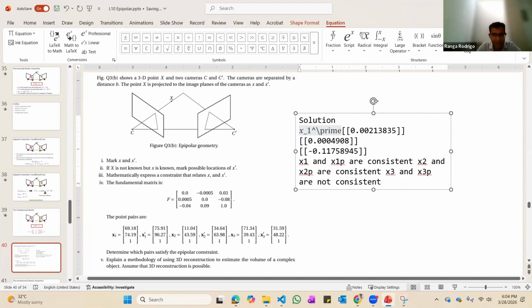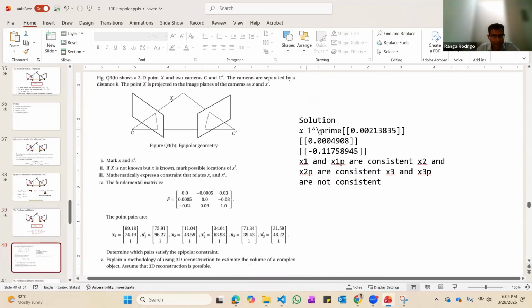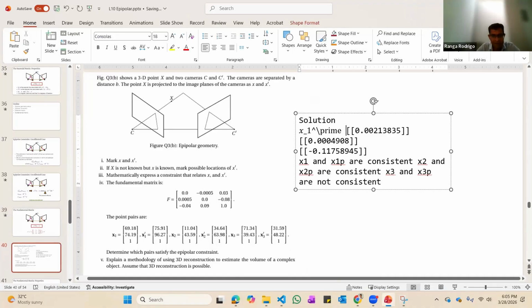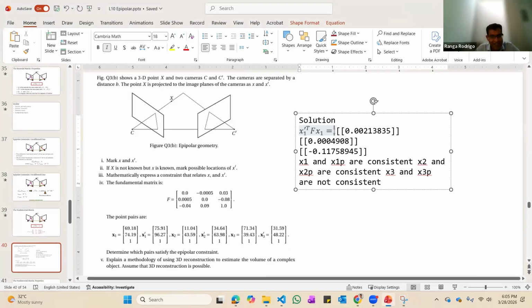X1 prime transpose F x1. I made a slight mistake in this calculation because I had to get x1 prime transpose and yeah, that's correct. It's correct. X1 prime transpose is x1. Yeah, that's what we get, right?